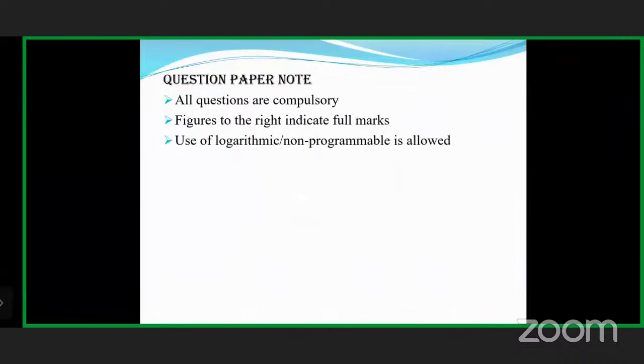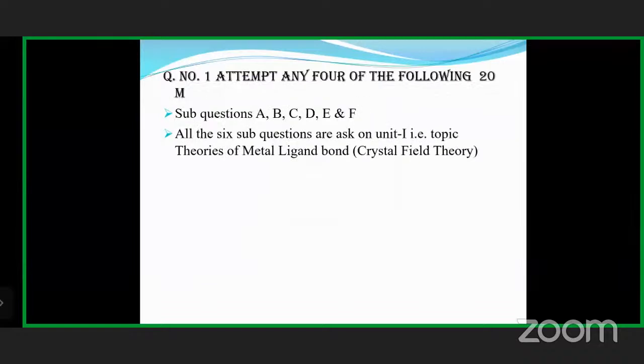Now the note for the question paper: all questions are compulsory, figures to the right indicate full marks, and use of logarithmic and non-programmable calculator is allowed. Now the actual question paper content.